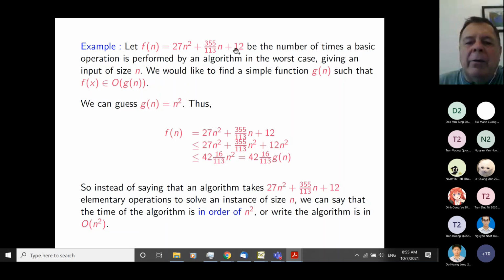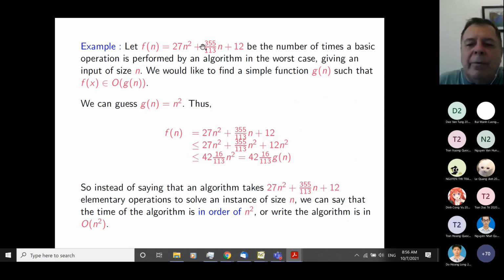Here I'm going to select a g(n) that has only one term, and g(n) is n squared. So obviously n squared is not bigger than this right away, right? But we can make n squared bigger than this if we put a constant in front of n squared large enough so that g(n) is going to be greater than this expression for some value of n greater than n0.